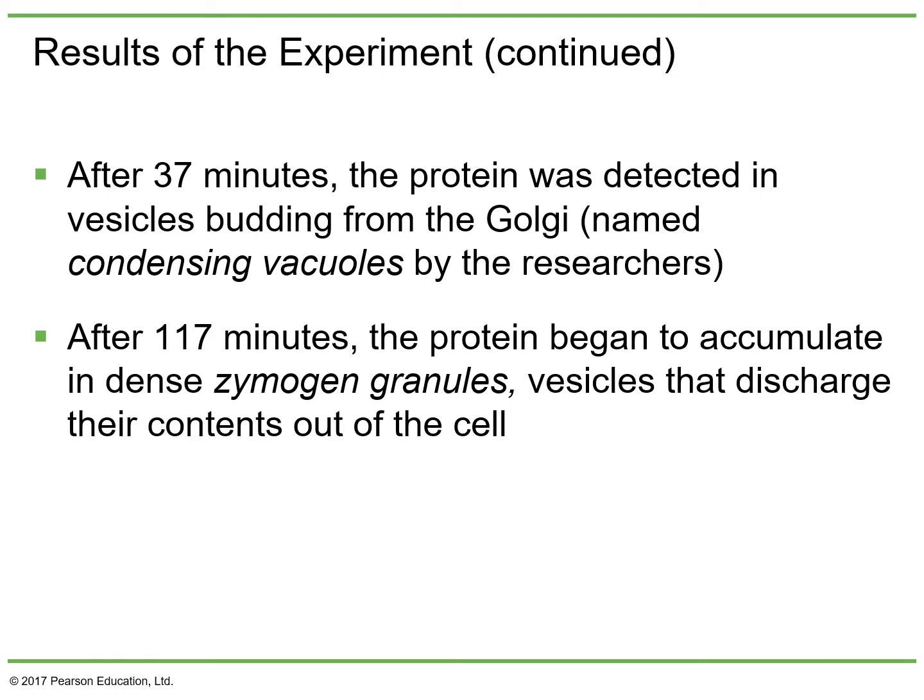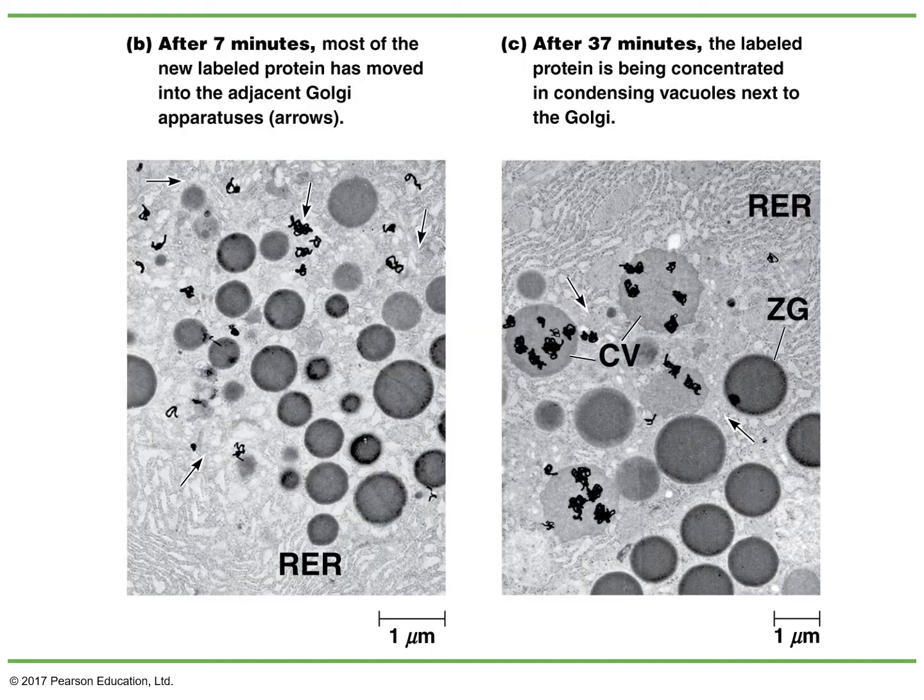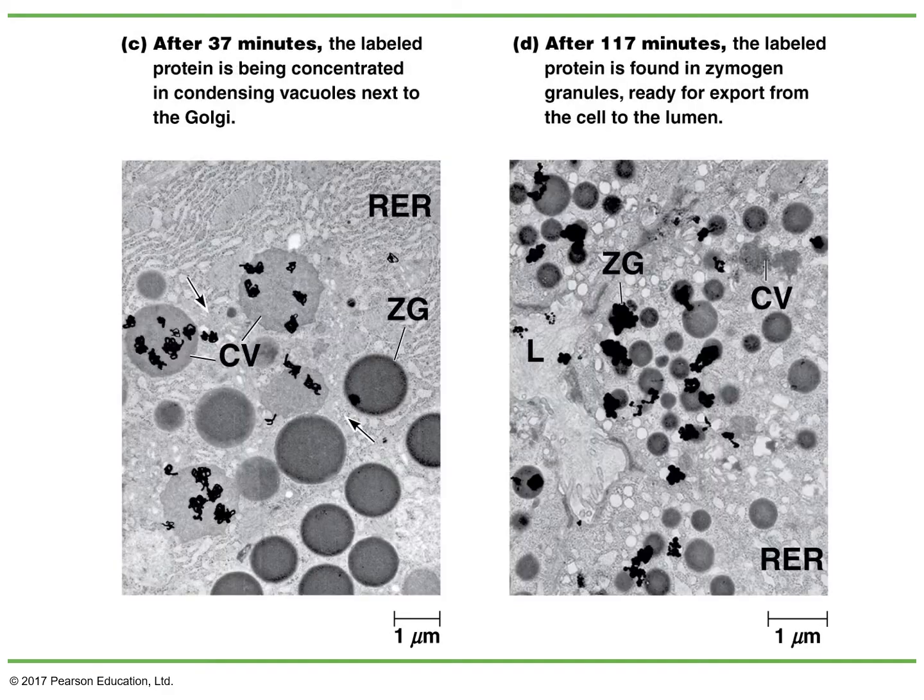Eventually, after 37 minutes, the protein was detected in the vesicles budding from the Golgi, named condensing vacuoles by the researchers. Meanwhile, in figure D, after 117 minutes, labeled proteins began to accumulate in dense zymogen granules and vesicles that discharge secretory proteins going to the exterior of the cell.